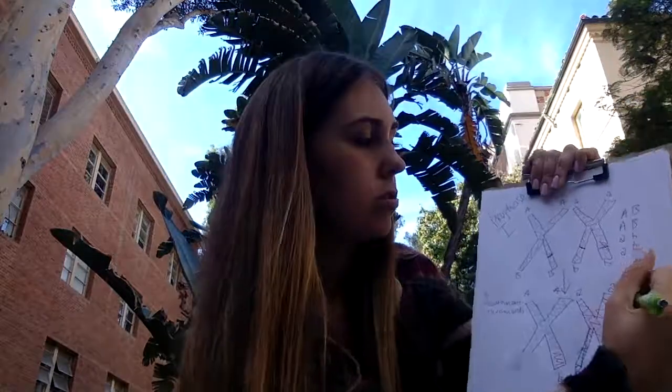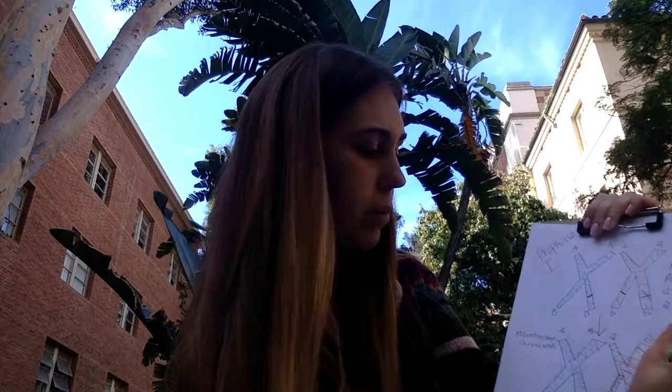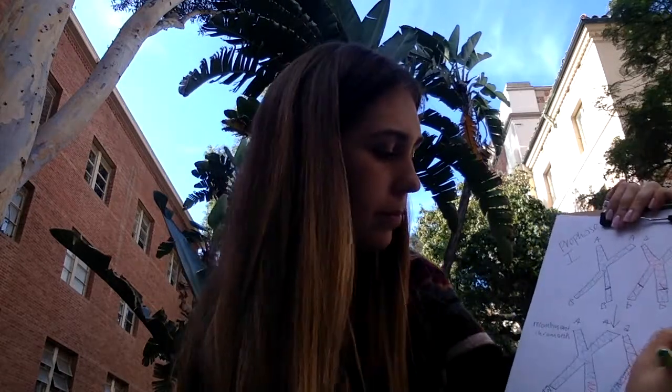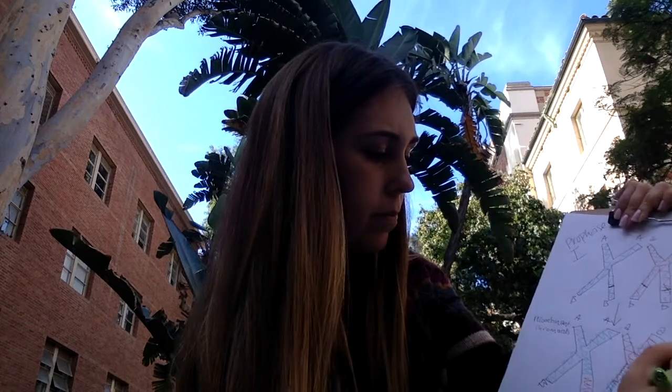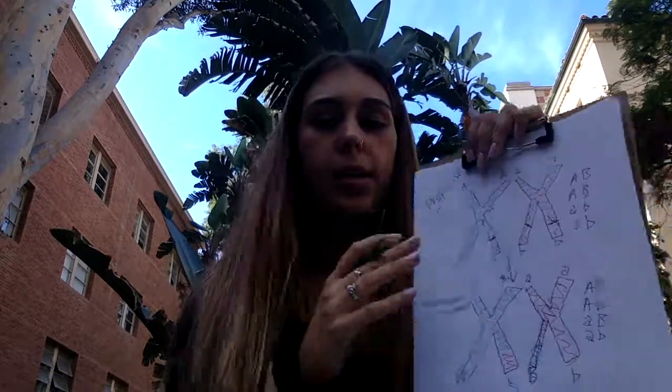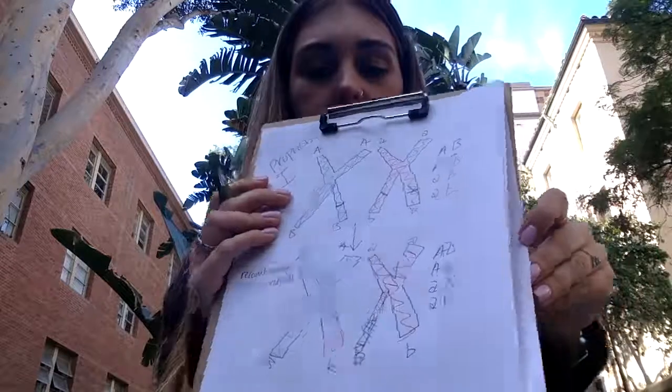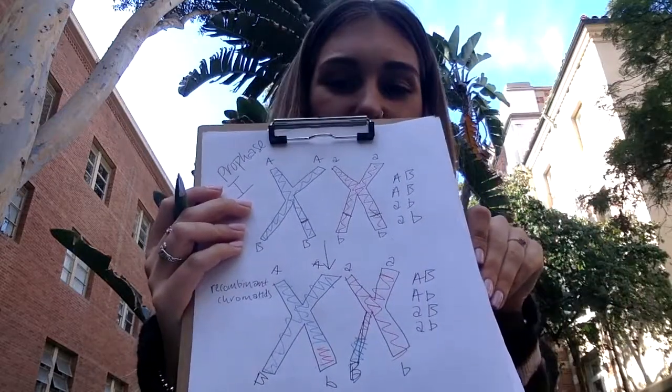This would be 1, 2, 3, 4. However, now because of crossing over and this change, because remember these are sister chromatids, so these are just getting split in half in the second round of meiosis. So now we have big A, big B. And you can see how this creates variation in our genetics.